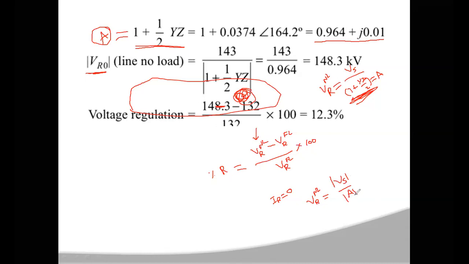The magnitude of A is the square root of 0.964 squared plus 0.01 squared, which is approximately 0.964. So the final value is 148.3 kilovolts for receiving end voltage under no load condition.